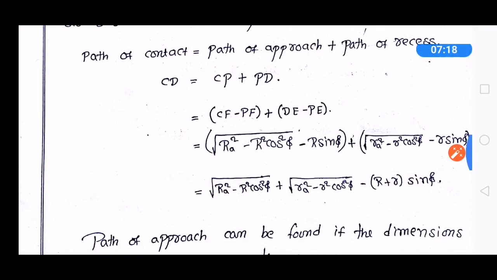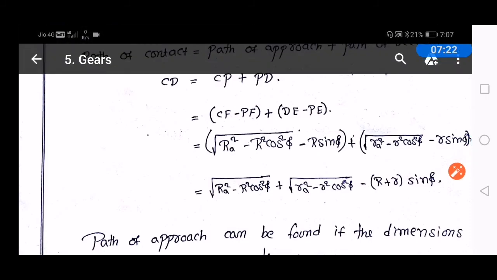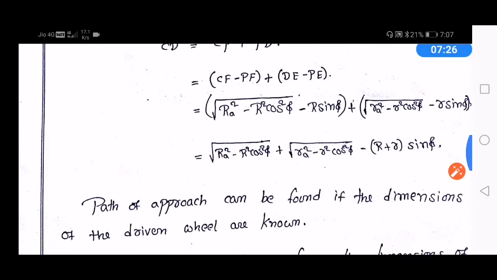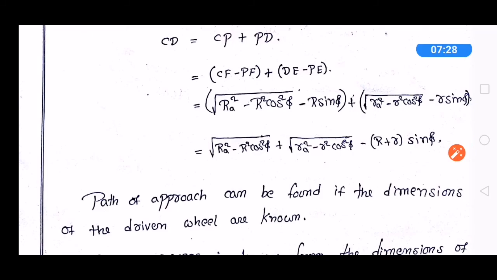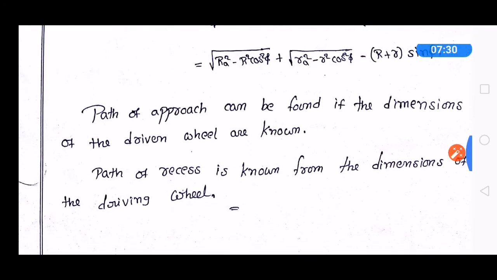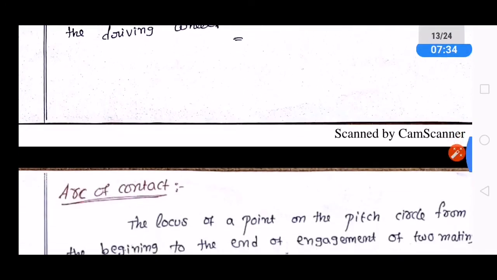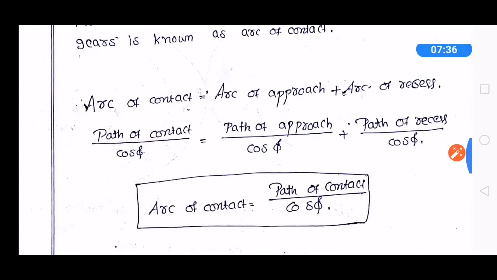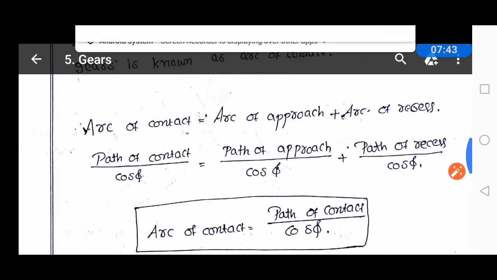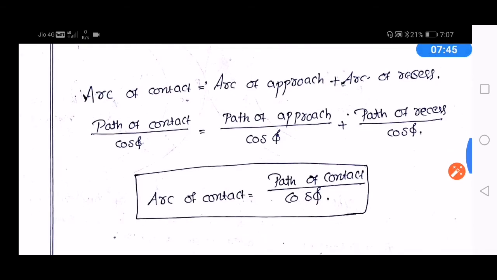If you take common the squares and take common capital R sin phi plus small r sin phi, you will get this equation, and this is the path of contact. Path of contact is path of approach plus path of recess. Similarly, we can also write the arc of contact. Arc of contact is the path of contact divided by cos phi. In the next video, we will discuss gear trains.